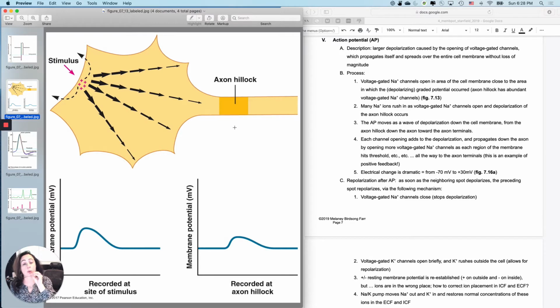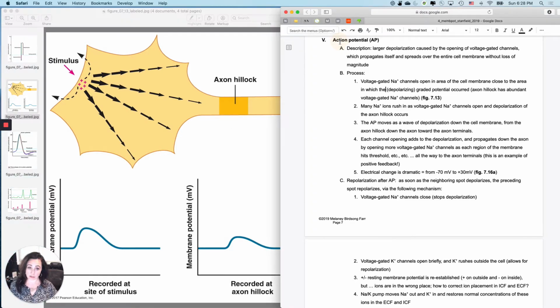Okay, so when you open a voltage gated channel, you're at a new kind of potential called an action potential. An action potential is basically this self-propagating potential that will go all the way down the axon. It's going to spread down the entire cell membrane of a neuron, and it goes in other cells too, but we're going to focus on neurons first.